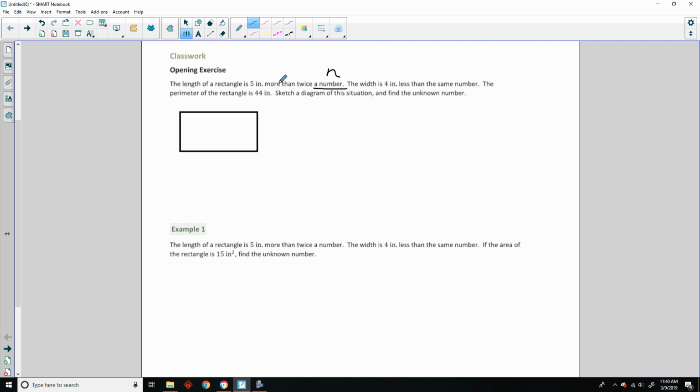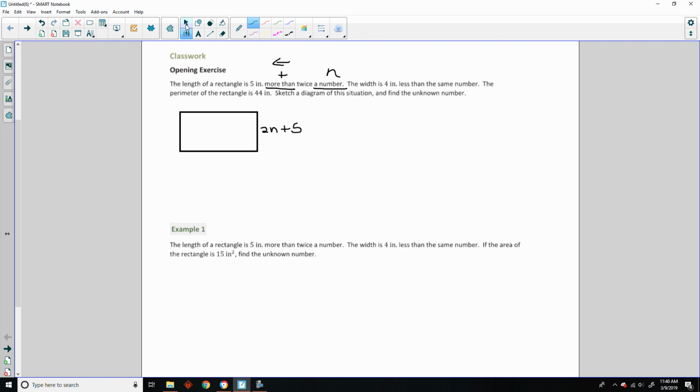Now remember back when you were learning how to go from a sentence into a mathematical expression or equation, the word more than means to add, and it means to read from right to left. So I would say twice a number, 2n plus 5 is how you'd write 5 more than twice a number.